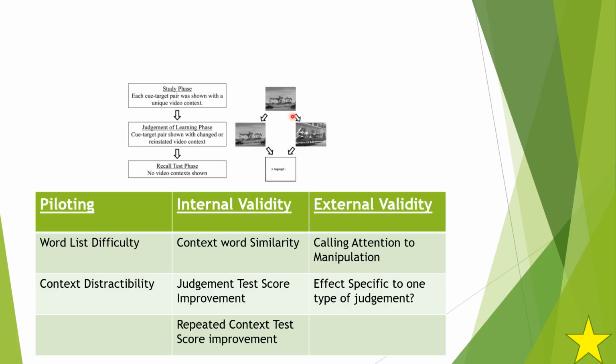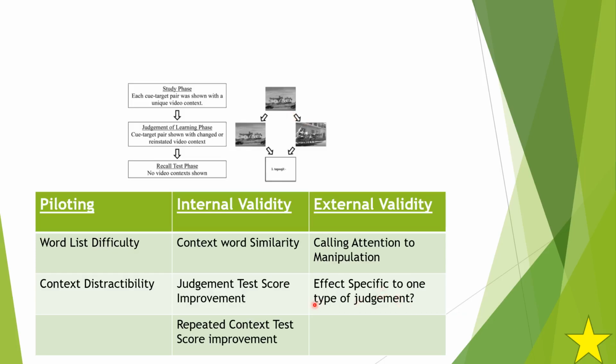And could that relationship make it easier or harder to remember the word? In most cases, it wasn't too much of an issue, but we also used piloting to deal with that. We had people let us know if something about the video made it easier to remember the word, because we really didn't want that to happen.